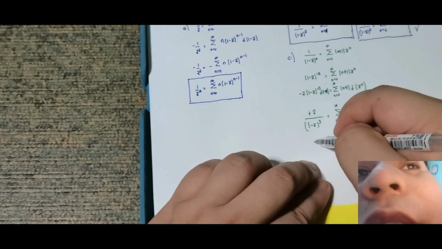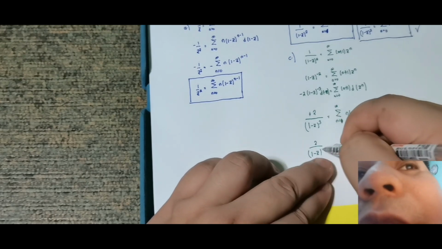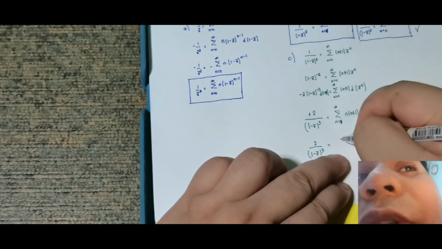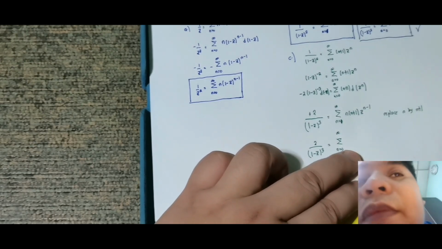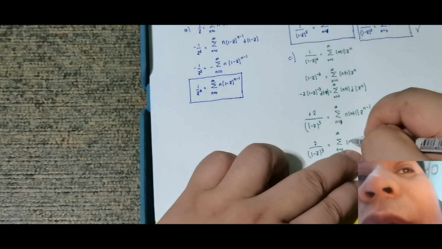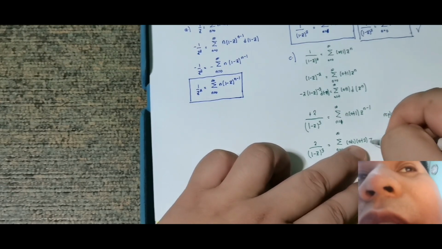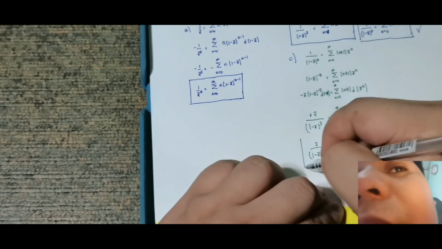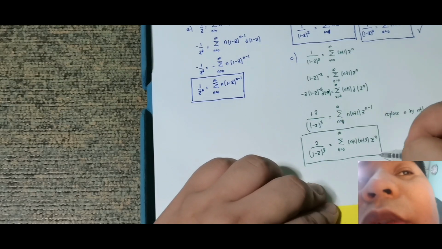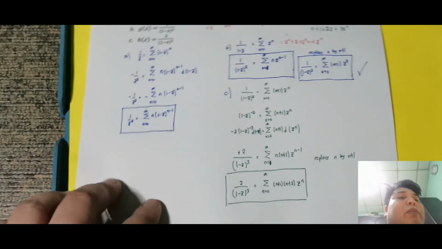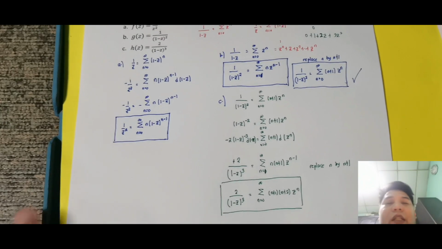So that is simply 2 over (1 minus z) raised to 3 is equal to summation for n equals 0 up to infinity of (n plus 1)(n plus 2) z raised to n pa rin. Okay, so therefore ito yung kanyang Maclaurin power series representation, yung compact form. Okay? So, hoping na nagets mo yung idea pag nagde-differentiate tayo.